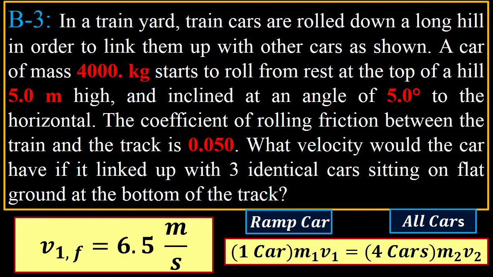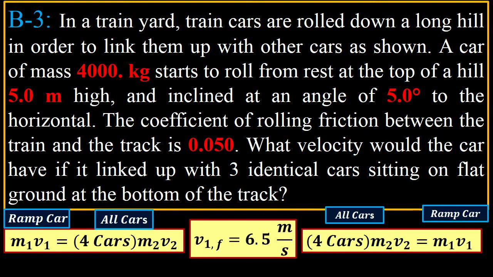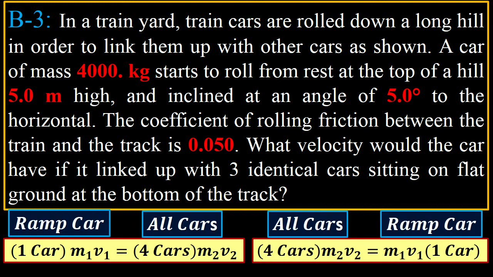Okay, now that V1F is going to be initial velocity. So there's the equation, and I just simply use the law of symmetry to switch the sides because I'm calculating actually V2. So now what I'm going to do is plug in the values and divide.